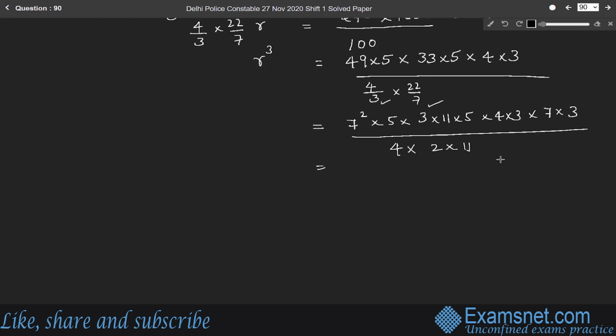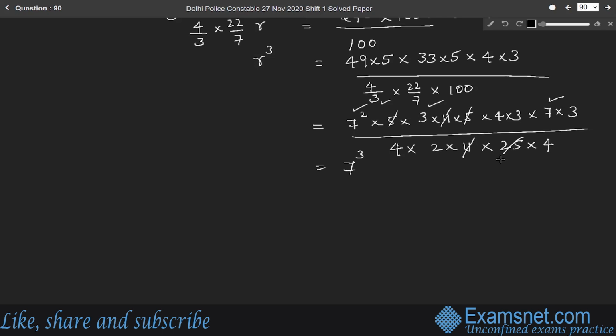So we can cancel 11 and 11. One more 100 is there here; yes, I forgot to take 100. 100 can be written as 25 into 4, so that we can cancel 5, 5 and 25. Let us express 7 square into 7 as 7 cube. This part is over.